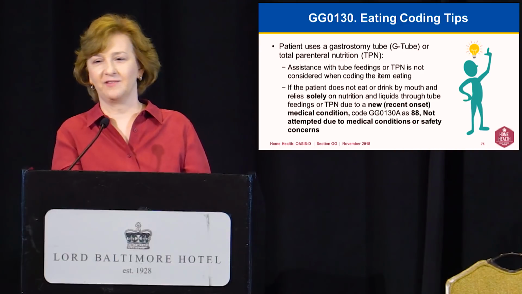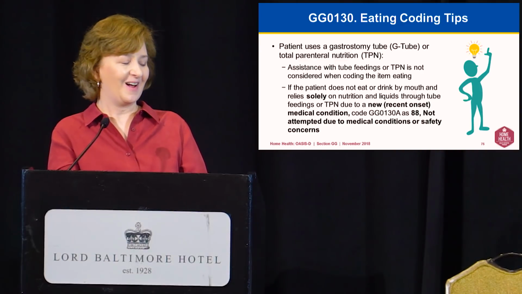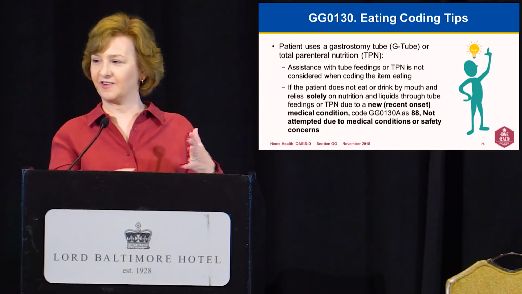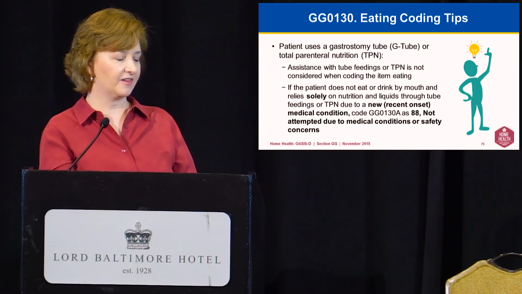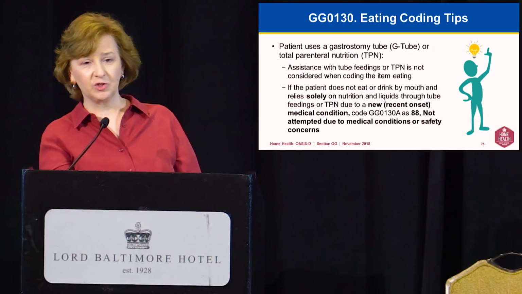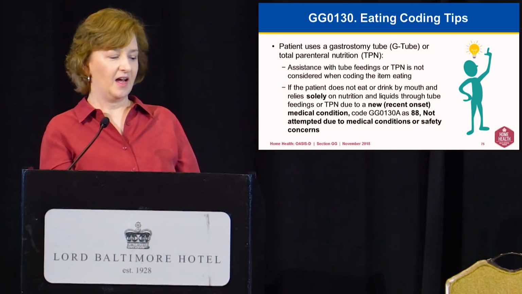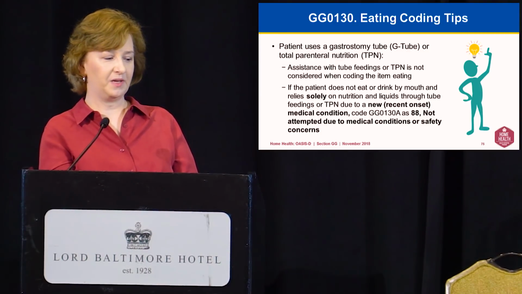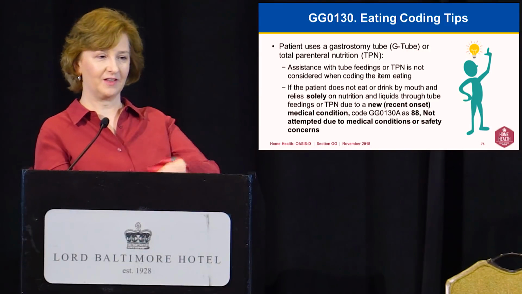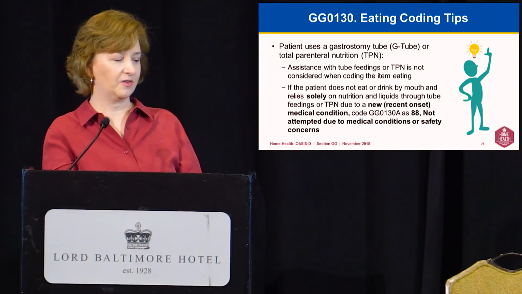We have had many questions over the years in particular about this item, so I just wanted to give you different scenarios to help solidify this issue. If a patient uses either a G-tube or TPN, the assistance with the tube feeding or TPN is actually not considered in the eating item. Again, it just relates to bringing food to the mouth.